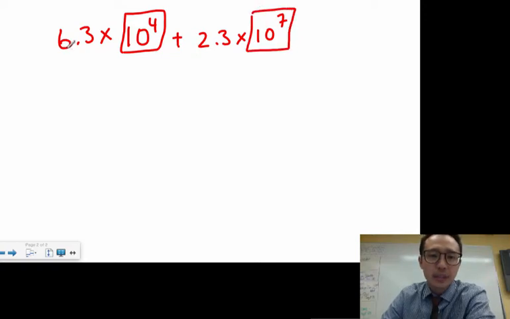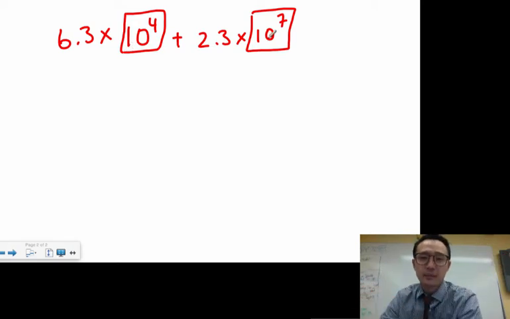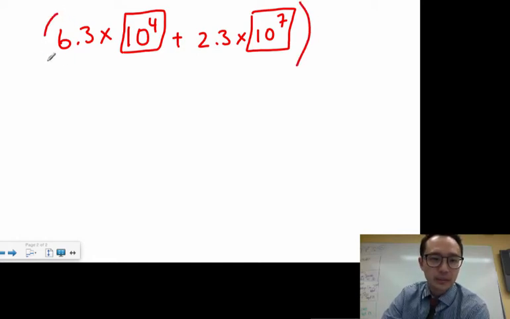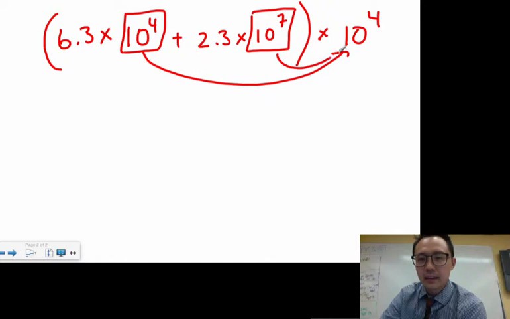This is 6.3 with the decimal moved 4 times to the right, and this one you have to move the decimal 7 times to the right. So in order to do this, we have to factor. We factor the lowest common exponent, which is 10 to the 4. We take this out by 10 to the power 4.